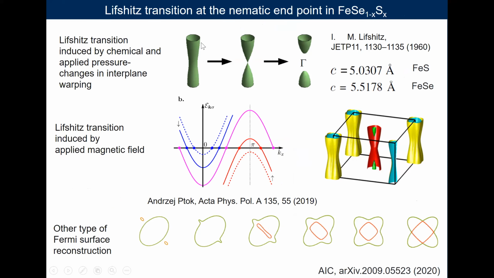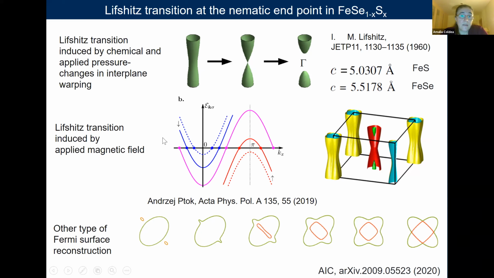One potential explanation for this is that we have to think about a quasi two-dimensional cylinder. You have two different lattice parameters if you have sulfur or if you have selenium. That means the degree of interlayer warping will increase as we move towards the sulfur end, and potentially we have a topological Lifshitz transition where we lose one of the frequencies because the neck of this cylinder disappears.